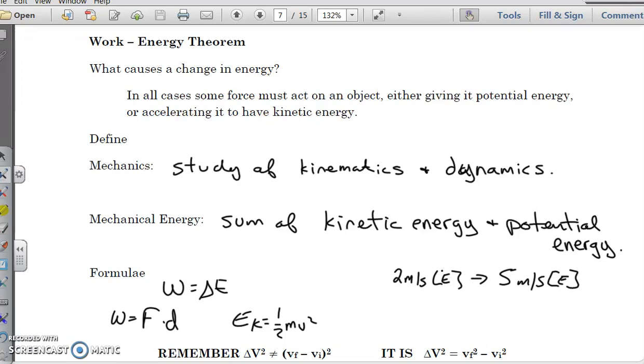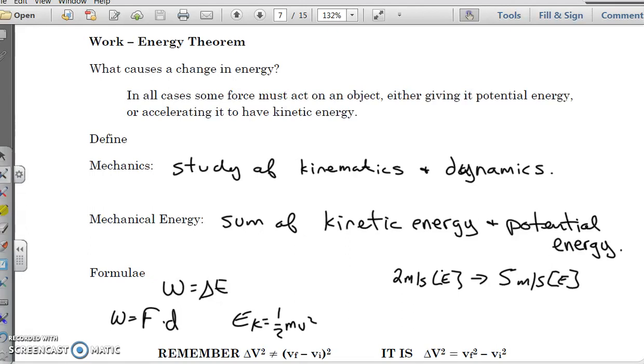The amount of work done can be calculated by its change in energy. The energy is just the potential to do work, so the work done will be evidenced by the change in energy. Now, if we're going from 2 to 5 meters per second, both going east, it's important for us to take a look at what this means.